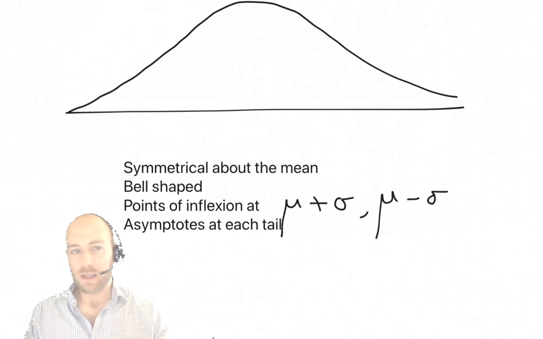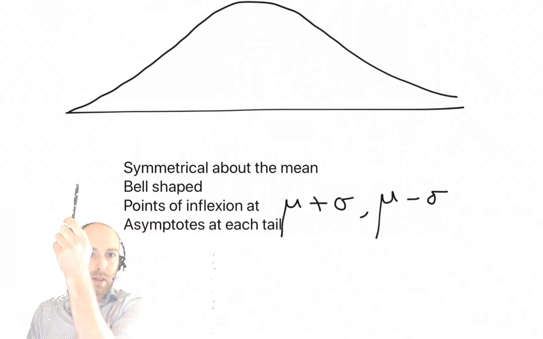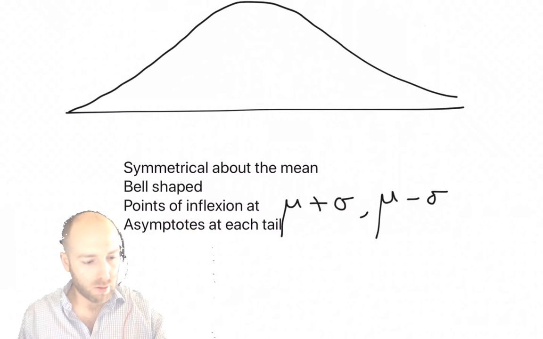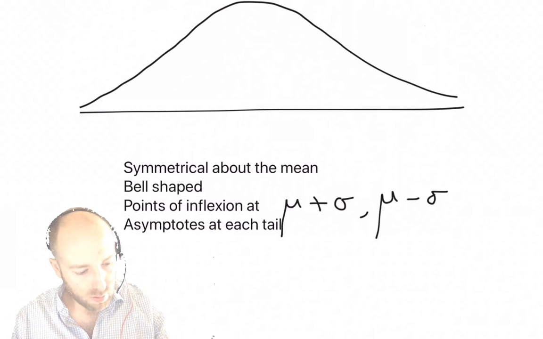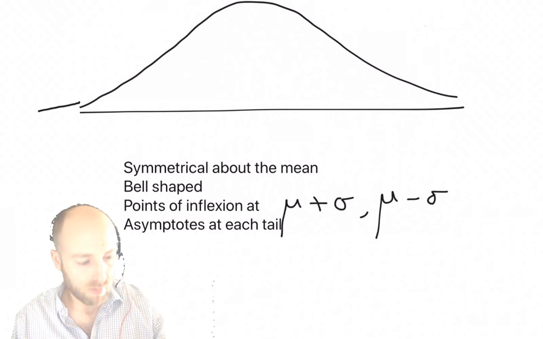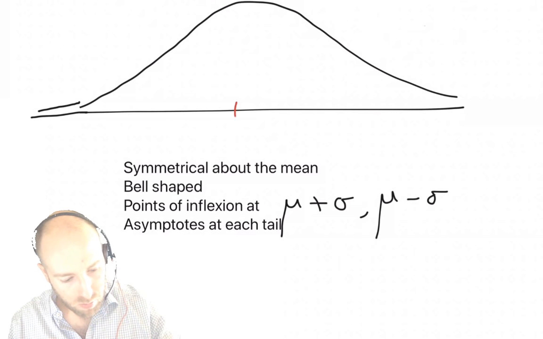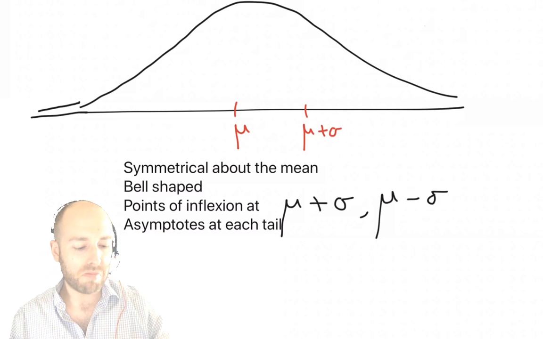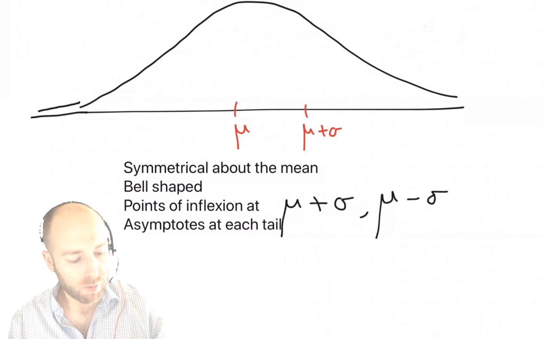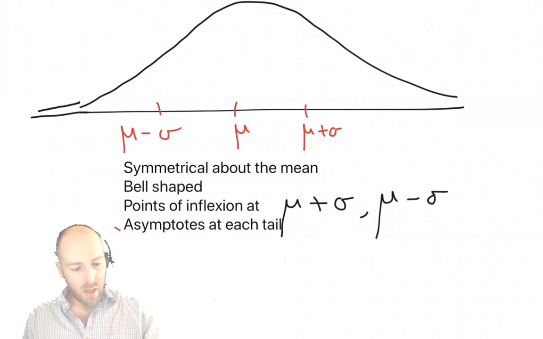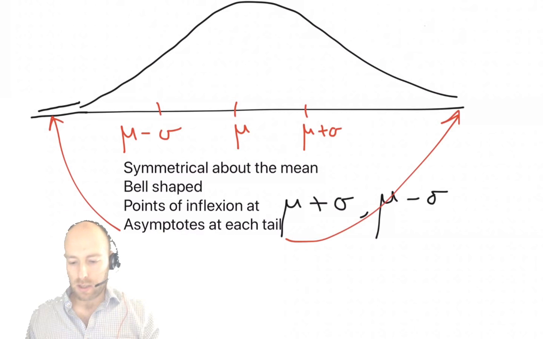So the probability at each tail tends towards 0 and never actually touches it. So if we add some detail to this, we've got mu, we've got mu plus sigma at the point of inflection, and mu minus sigma at the other point of inflection. And then we've got asymptotes at each tail.